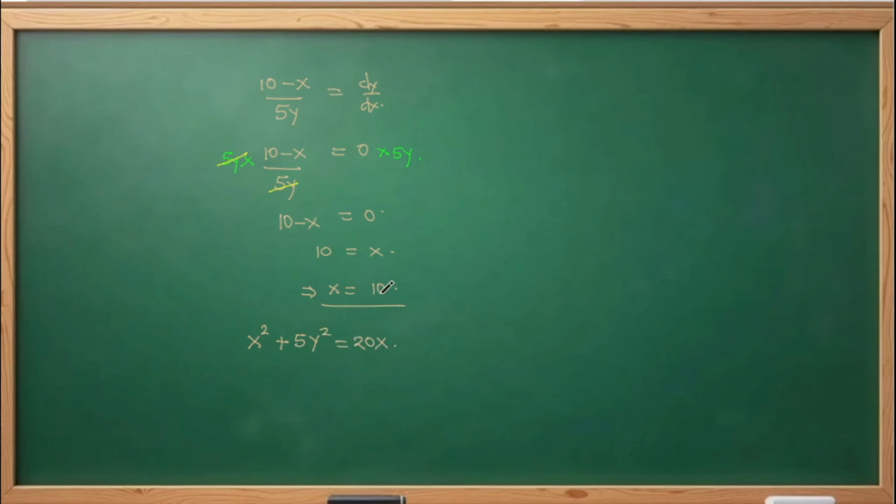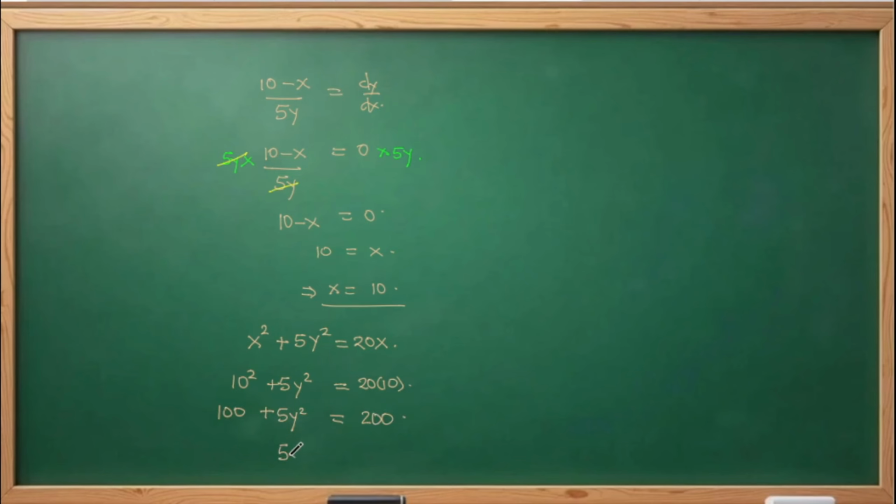Whenever we get x, we plug in 10. So you have 10 squared plus 5y squared equals 20 times 10. So this goes to 100 plus 5y squared equals 200.